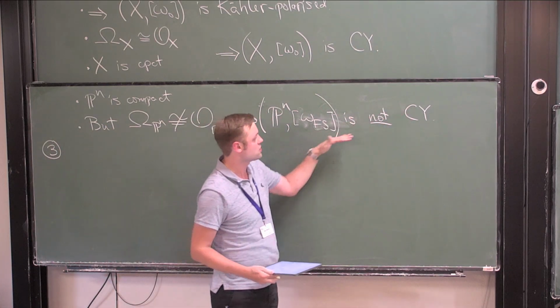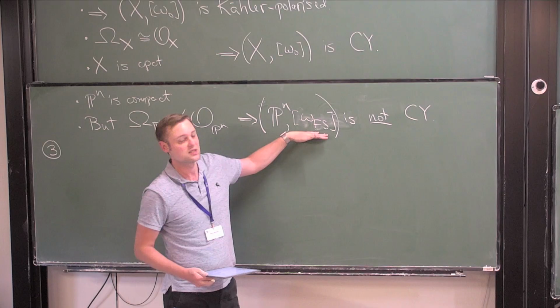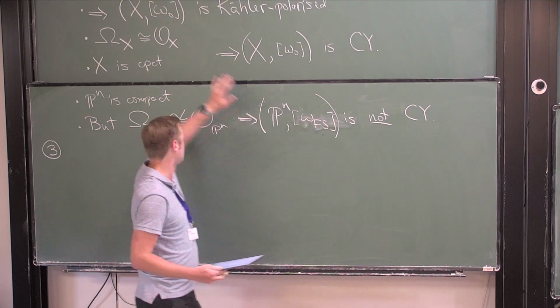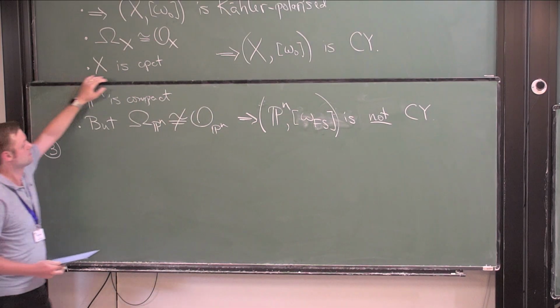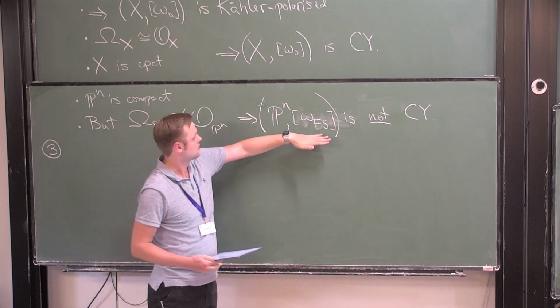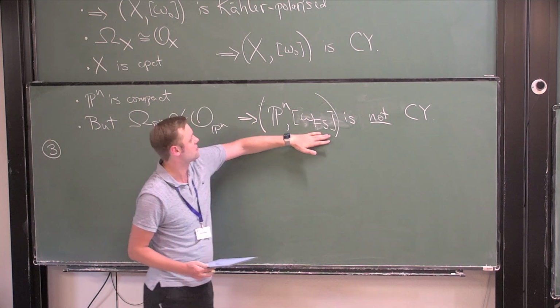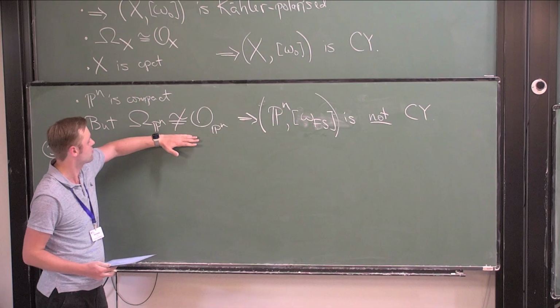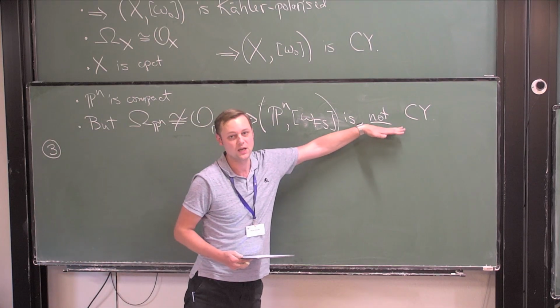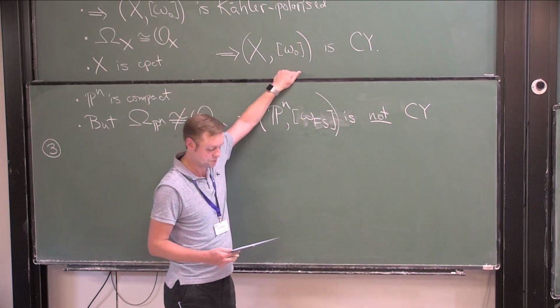In a way, all I've argued here is that with this particular Kähler class, sorry, never mind. So this is a Kähler polarized complex manifold, but it has a non-trivial canonical bundle. So there's no way this manifold can be Calabi-Yau.